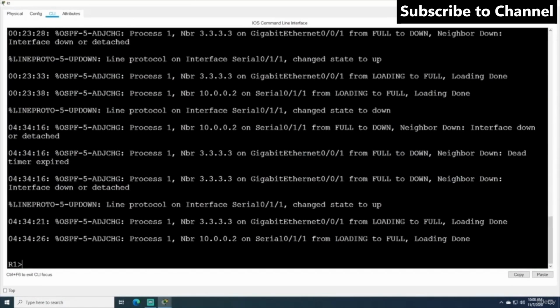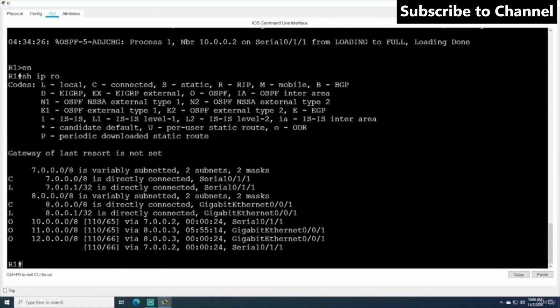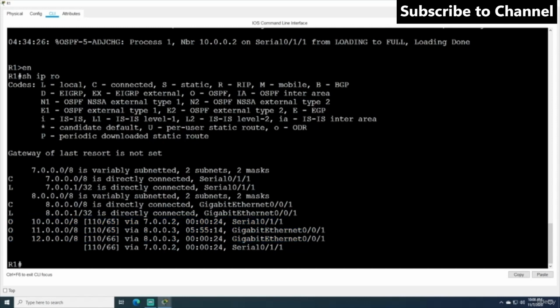when we go in here and do a show IP route. And we can see now that the 9,000 network is no longer there. So OSPF has converged fully and sent that LSA. So that's good. So let's see if we can ping.